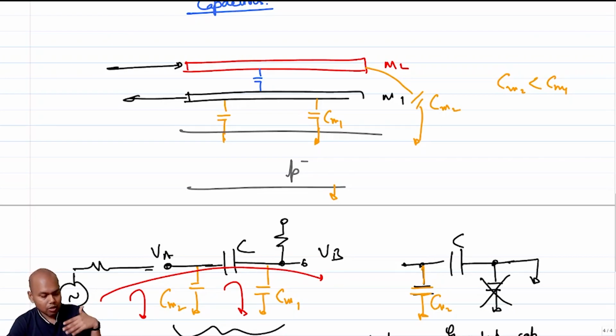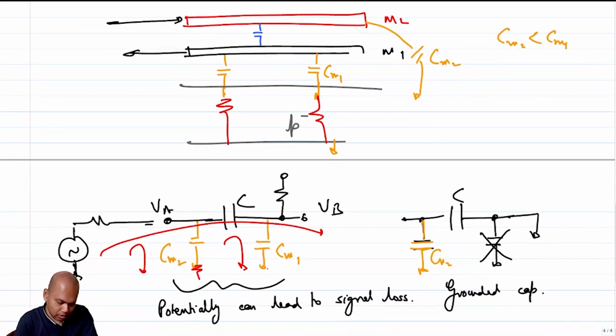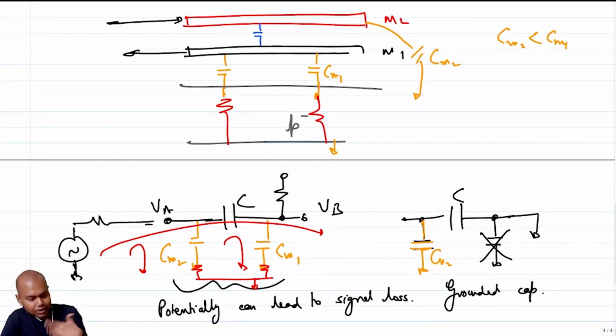And in this case, what is the loss? The physical loss mechanism is that your substrate has a resistance to ground. So you have this extra resistance, which can also contribute to noise and so on, right? So that's a problem.